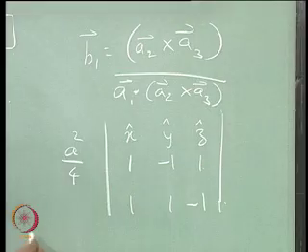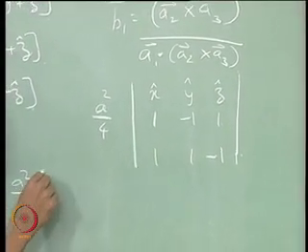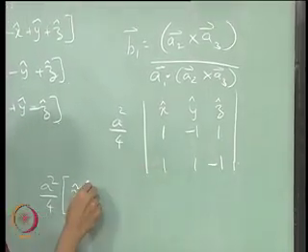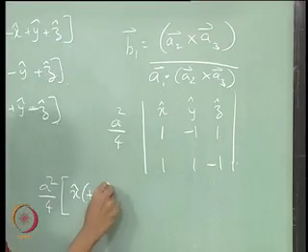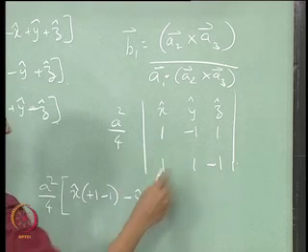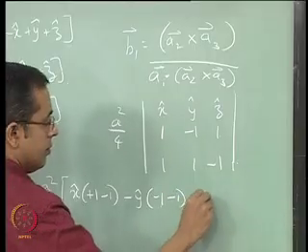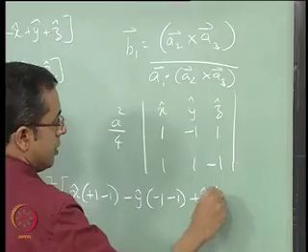We expand this, what do we get? We get a square by 4, x cap, this will become plus 1 minus 1, minus y cap, minus 1 minus 1, plus z cap, 1 plus 1.